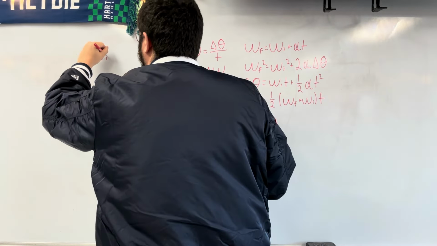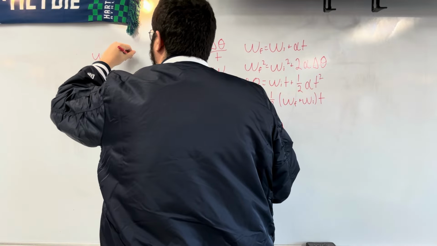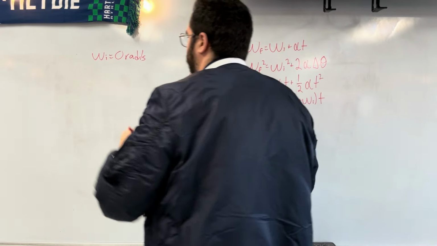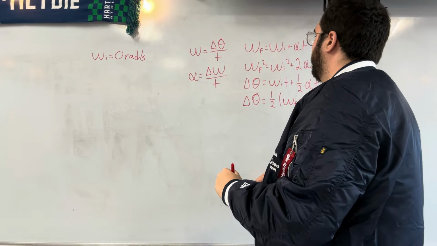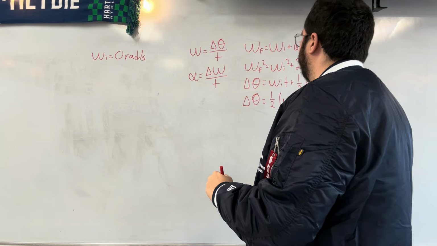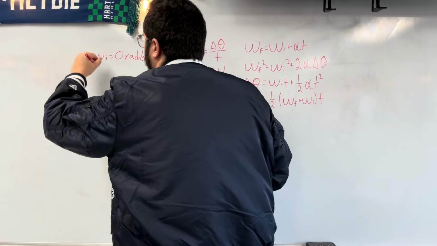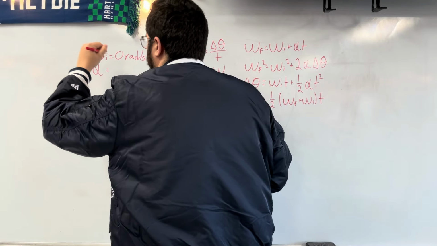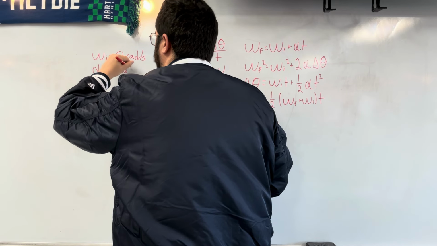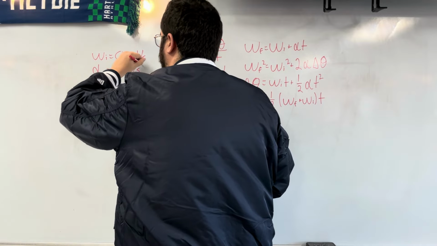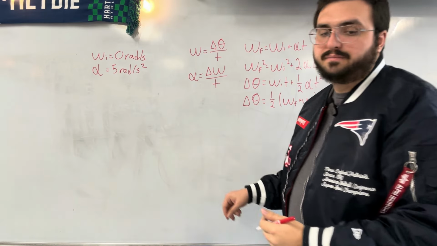So initial velocity is 0 radians per second. And then let's say we have an angular acceleration of 5 radians per second squared, which is pretty fast.